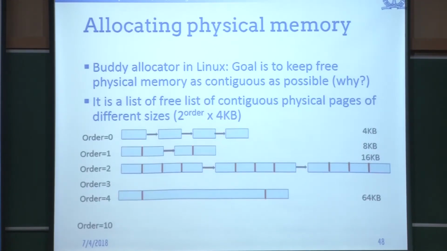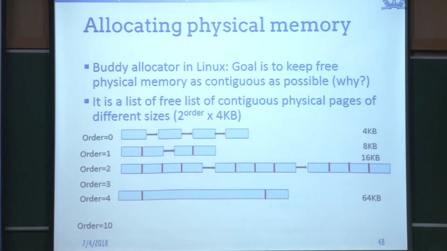I'll talk about the order thing later. The buddy allocator keeps the addresses of the free physical pages, 4 kilobyte physical page frames, and you have multiple of these lists. Essentially there are 11 of those, and that whole thing is called the buddy allocator.